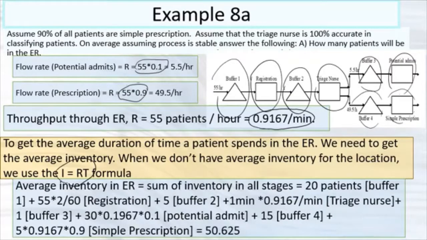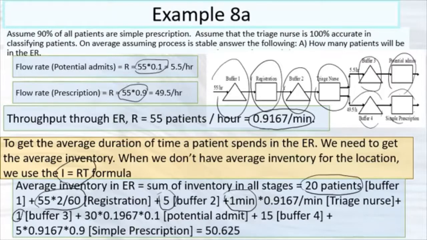So we sum all the inventories. We have 20 patients in buffer 1, so they're giving us the inventory here. For registration, they're giving us the rate and the time, so we use that equation to calculate the inventory. In buffer 2, we know there are 5 people. The triage nurse takes 1 minute, so we convert that to an inventory by multiplying it by the rate. And buffer 3, we got a number here.